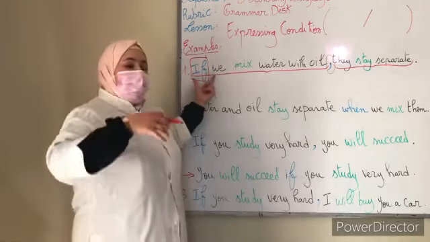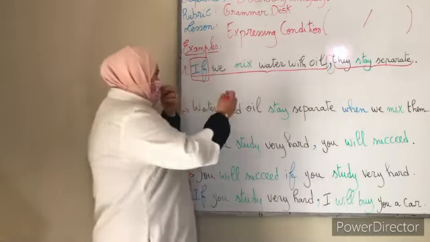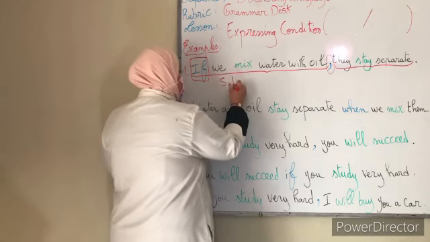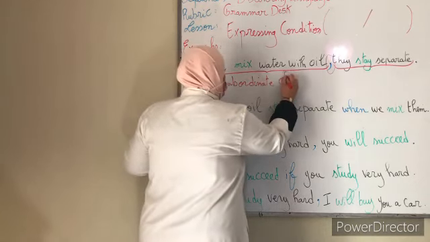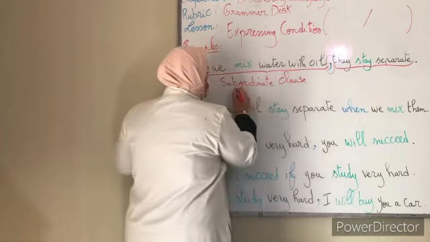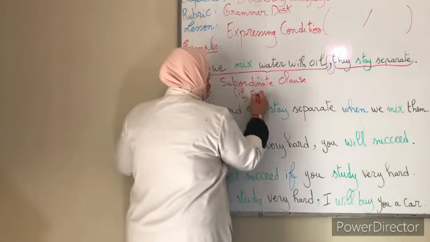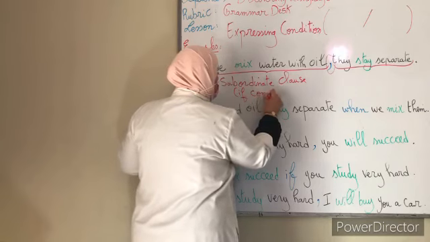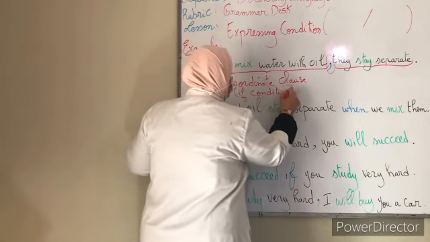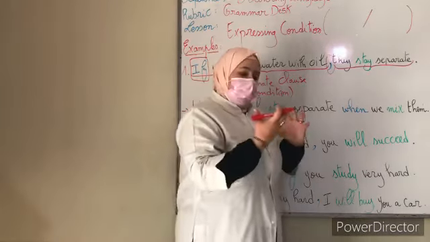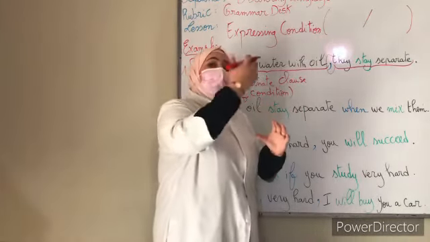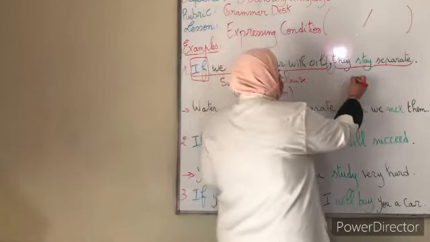The clause which is the condition, we say it is the subordinate clause. And of course, we may say this is the if condition. When we have a condition, we have the result of the condition.